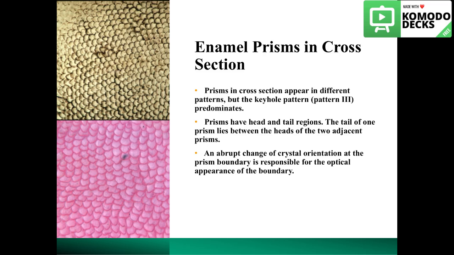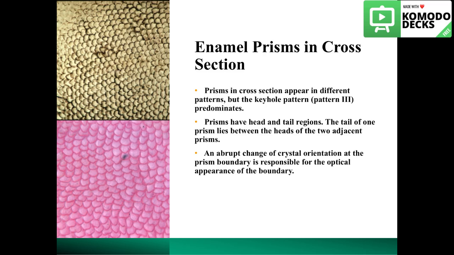In cross-section, the enamel prisms take different shapes or patterns. The keyhole pattern, pattern 3, predominates. The prisms have a head and tail region. The tail of one prism lies between the heads of two adjacent prisms.